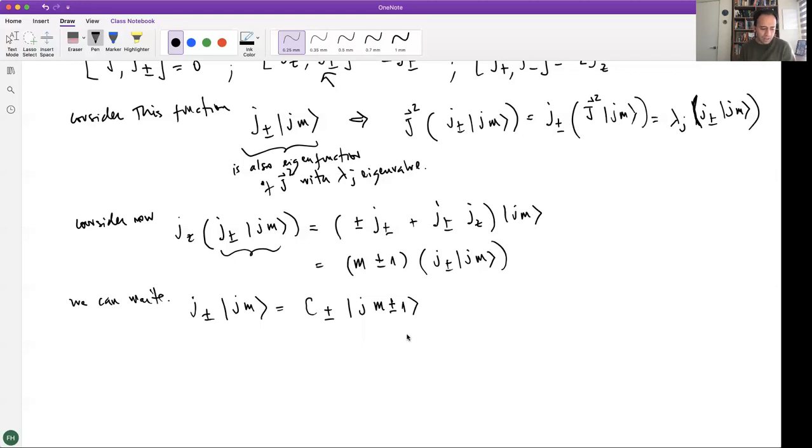Okay. So it raises or lowers M by 1 value.